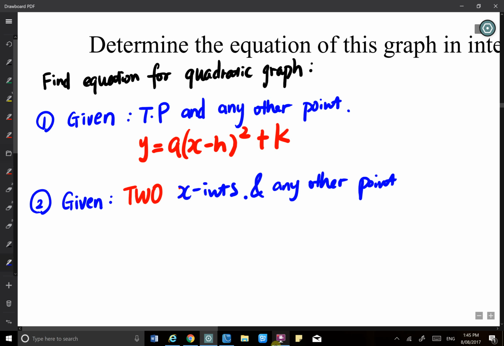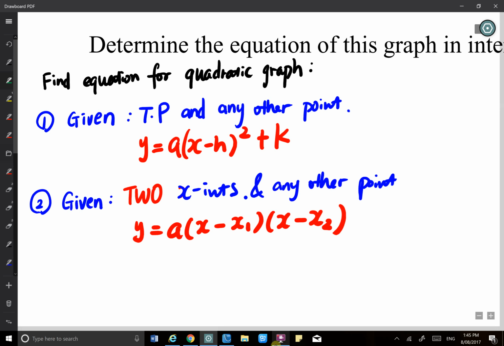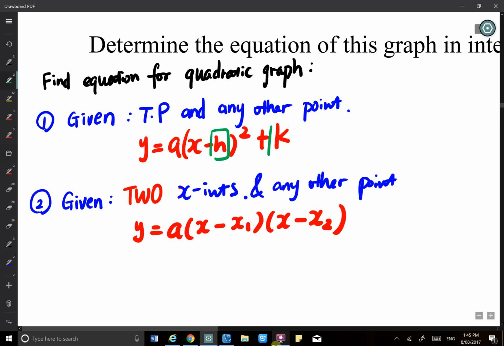You will start to write y = a(x − x1)(x − x2), where x1 and x2 are given. In the first case, h and k are given. In this case, x1 and x2 are given.